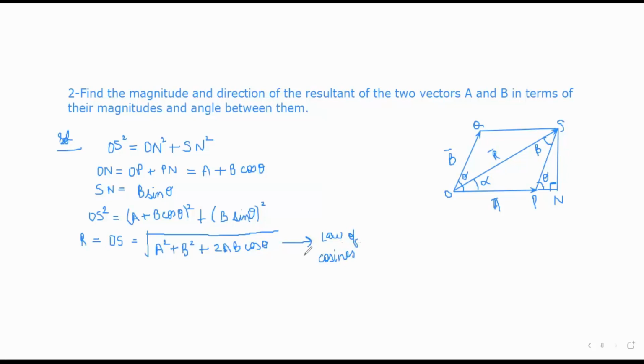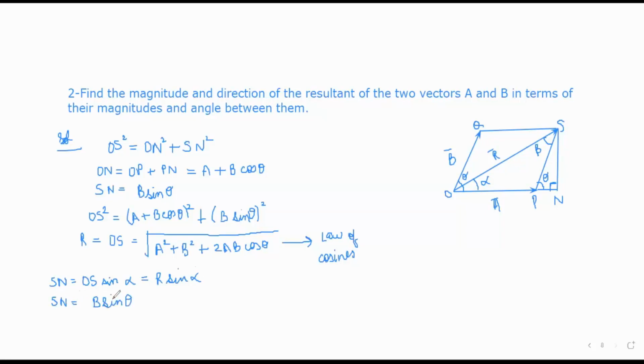Now, for finding the angle, we'll first look at triangle OSN. We get SN is OS sin alpha, which is R sin alpha, and in the triangle PSN, SN will be PS sin theta, where PS is basically B, so it will be B sin theta.